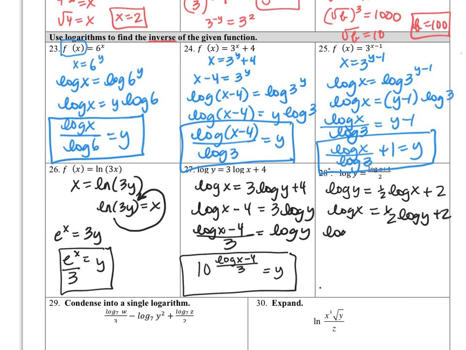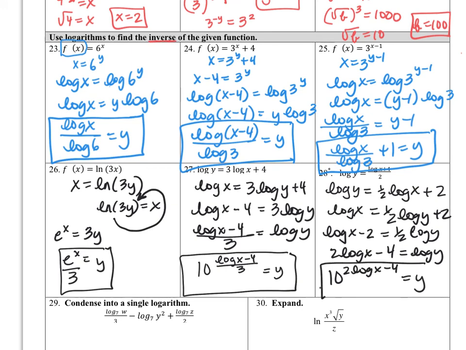Now we want y by itself, so log x minus 2 is 1/2 log y. So times 2, so 2 log x minus 4 is equal to log y. So 10 to the 2 log x minus 4 power is equal to y.